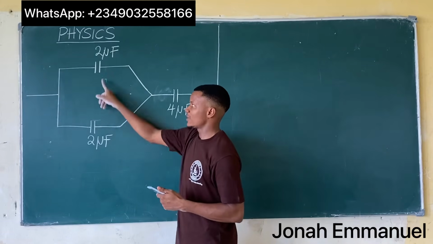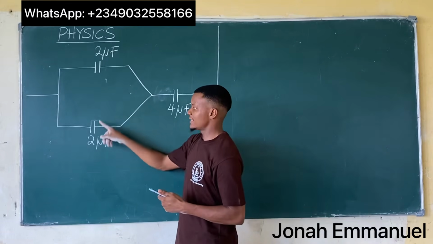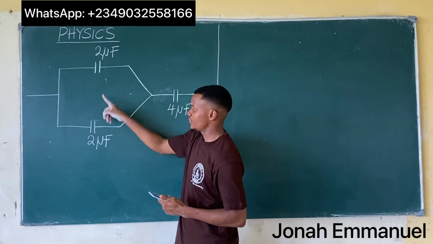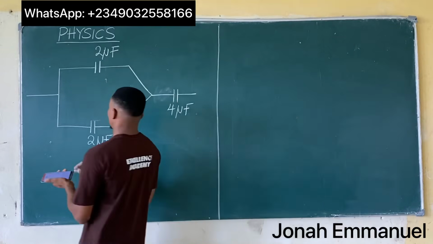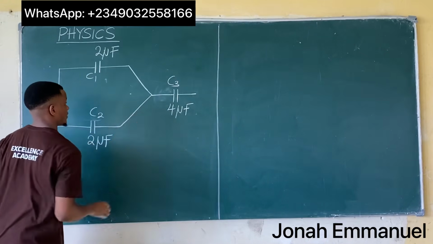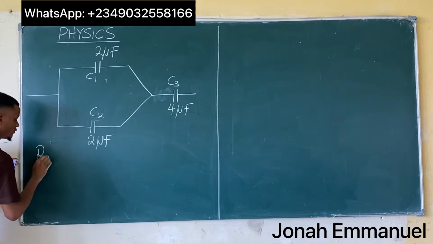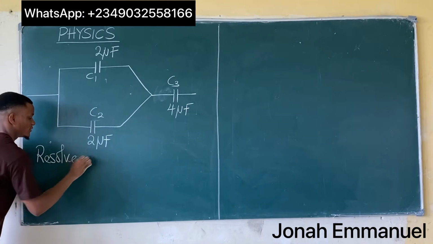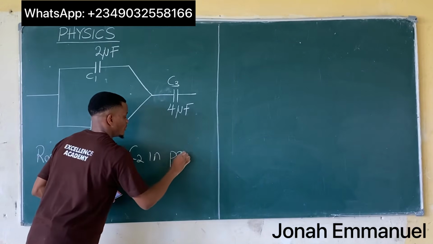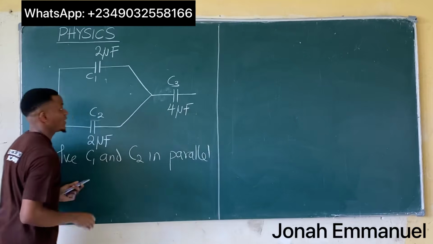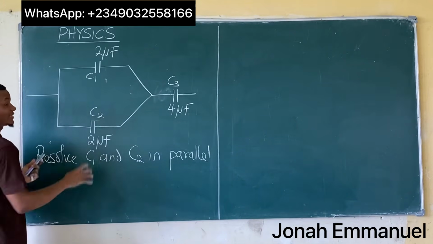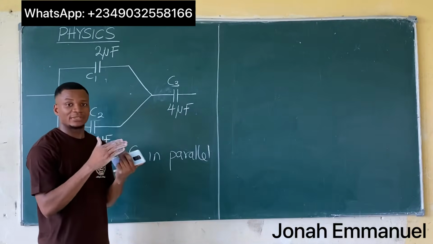If I look at these two capacitances, this and this are in parallel. So first of all, find the equivalent of these two in parallel. Let's call this C1, this C2, and this C3. So let's resolve C1 and C2 in parallel. In parallel connection of capacitance, we said we sum them up directly.